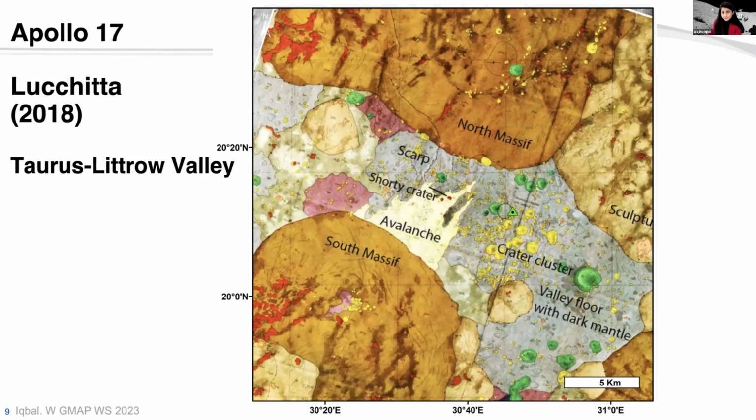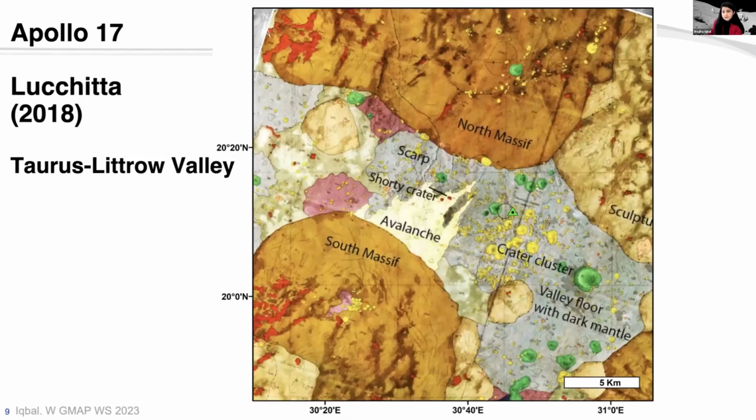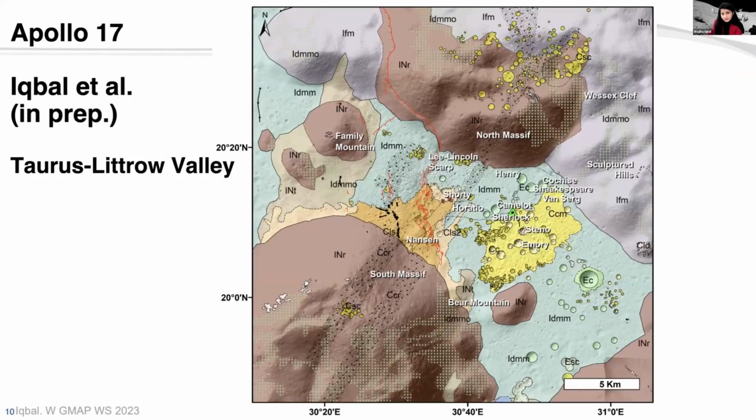And again, we have data from different incidence angles. So we can see that this light mantle deposit, which was interpreted to be a single unit, actually consists of several units. And for confirmation, we also did CSFD measurements and recognized that they are varying.